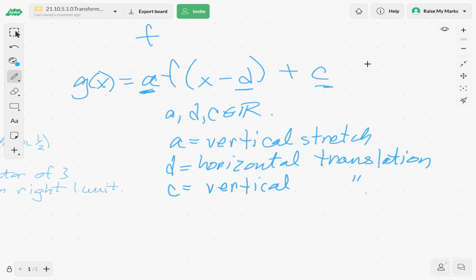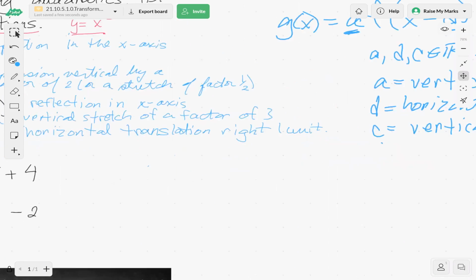Depending on whether a is larger or smaller than 1, it's either a compression or an actual stretch. Depending on whether d is positive or negative, the translation is left or right. And depending on whether c is positive or negative, the vertical translation is up or down. So we're using this pattern to determine what our translations are.